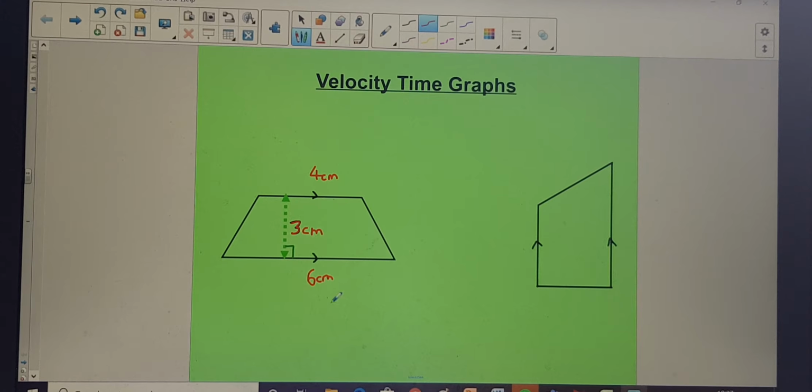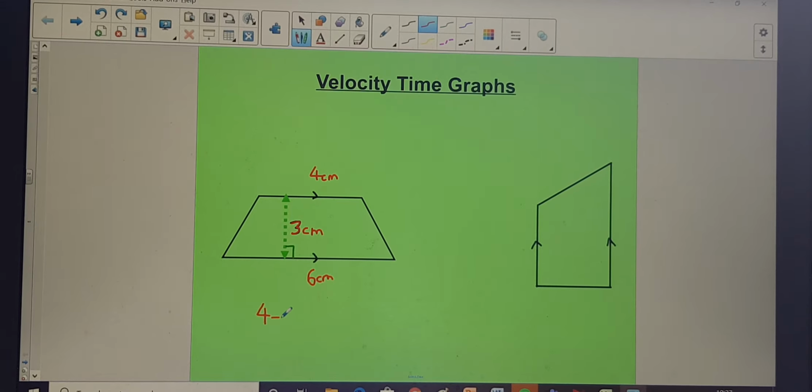Then to work out the area of a trapezium, I add together my parallel sides, multiply by the perpendicular height, and divide by 2. 10 times 3 is 30, divide by 2 gives me an area of 15 centimeters squared.